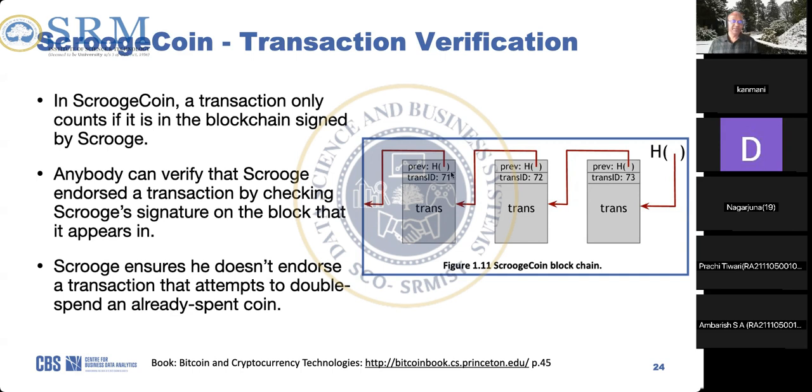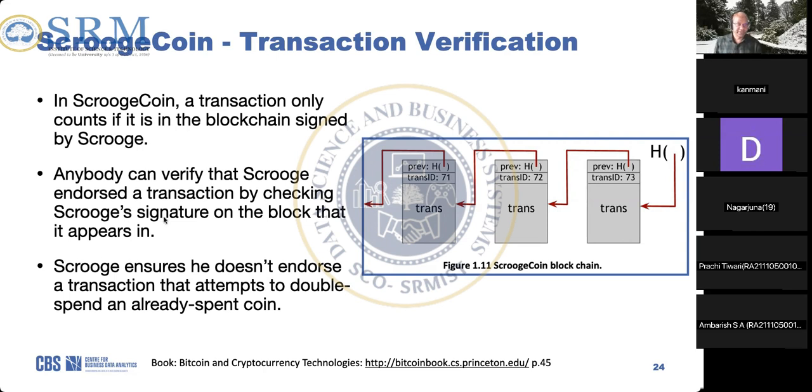So Chuck will immediately identify that Alice is trying to cheat him by transferring a coin which is already transferred to Bob. That is the main advantage of this design. Since the transactions are publicly verifiable, anybody can see whether a transaction is double spent or not.